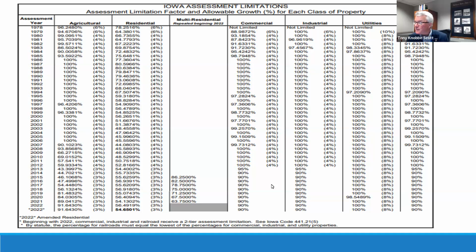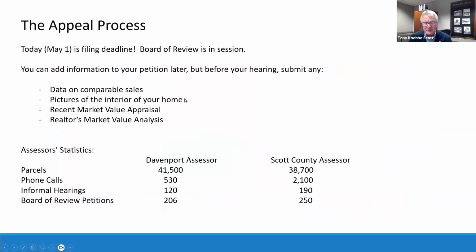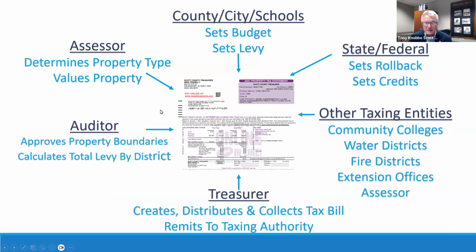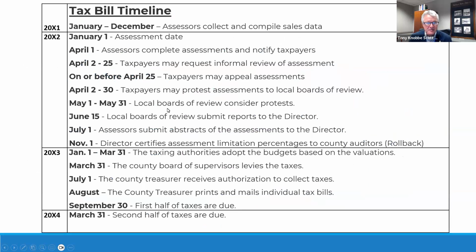That's a very good question. I've got to study this a little bit. So I think, correct me if I'm wrong. Well, let me see if I can go back to, here we are. So we are actually in the 2022 tax year.